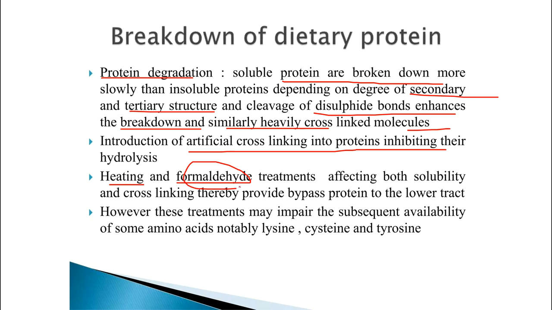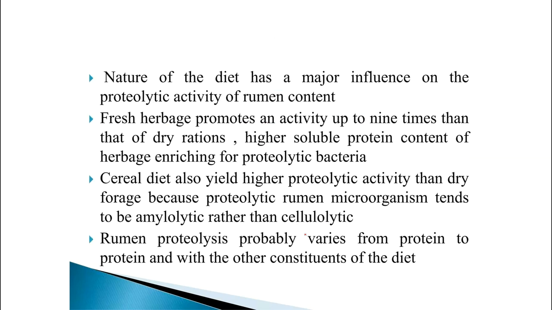This is one of the methods to make bypass proteins. Both of these processes reduce solubility and increase cross-linking, thereby delivering bypass protein to the lower tract. However, these treatments may impair the availability of some amino acids, such as lysine, cysteine and tyrosine, because they are heat labile and degraded.